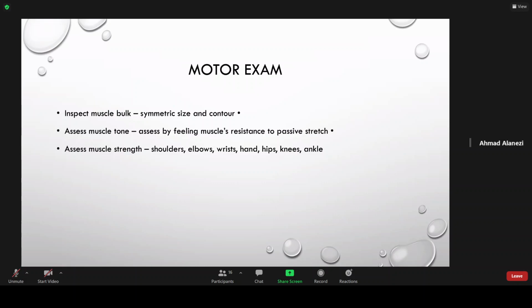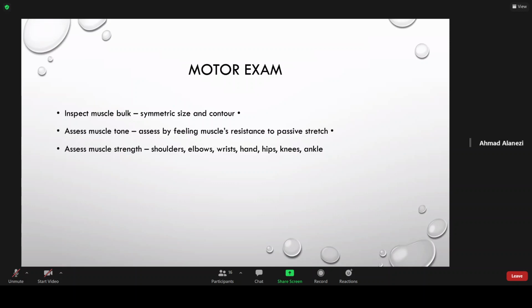Assess flexors and extensors of the elbows, then flexors and extensors of the wrist and hand grip, and then the hip: flexion, extension, abduction and adduction. And the knees, knee flexion and knee extension. Ankle the same way: plantar flexion, dorsiflexion, eversion and inversion.